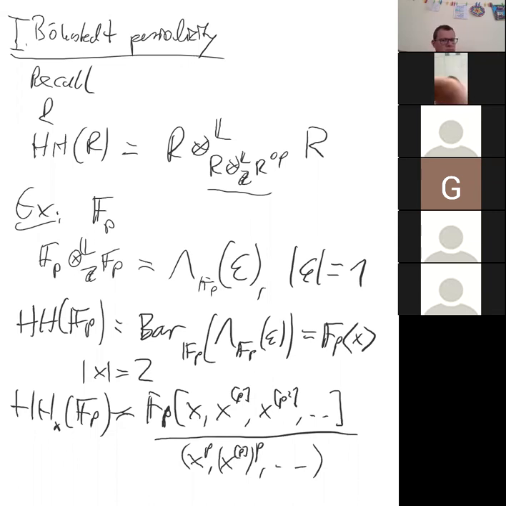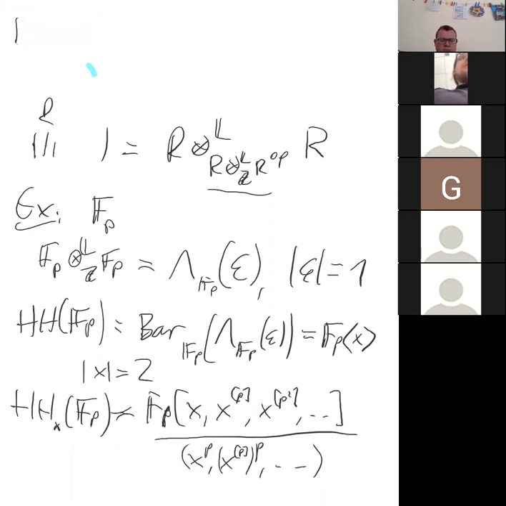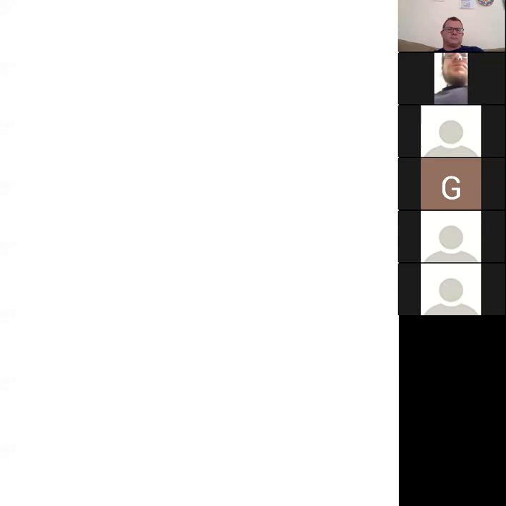Now this is ordinary Hochschild homology. So what about topological Hochschild homology? What I'm actually going to talk about here is THH. It's a similar definition for R a ring spectrum. For example, you could take an ordinary ring considered as the corresponding Eilenberg-MacLane spectrum.